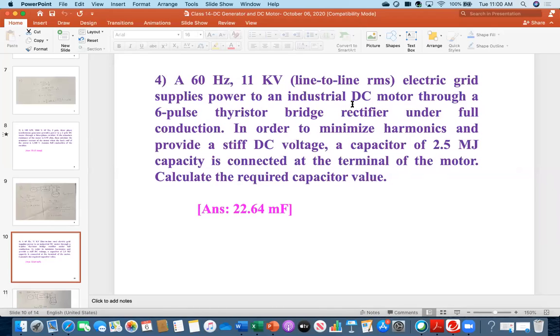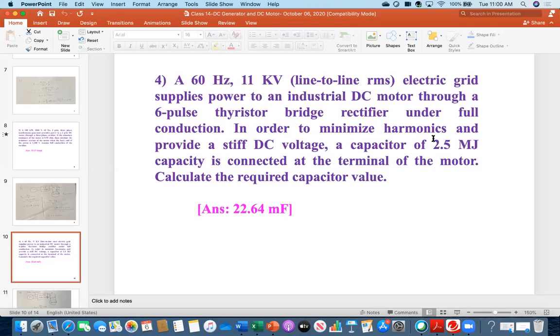So once again, everybody notice the problem. The first sentence says you have an electric grid with that specification providing power to a DC motor with the help of a 6-pulse thyristor bridge rectifier. And full conduction means alpha is 0. Because the rectifier produces DC, that DC always has some sort of ripple.